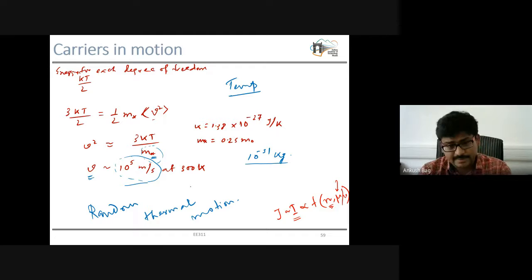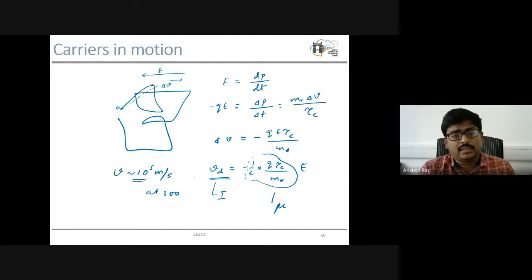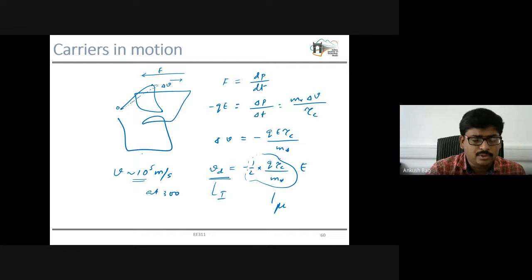Now after this, our objective is to understand what happens if we apply an electric field. Because we know if we take any semiconductor bar at a certain temperature, the carriers are moving very fast within that semiconductor due to random thermal motion, but there is no net current or net flow of directed carriers, no directed motion of carriers.